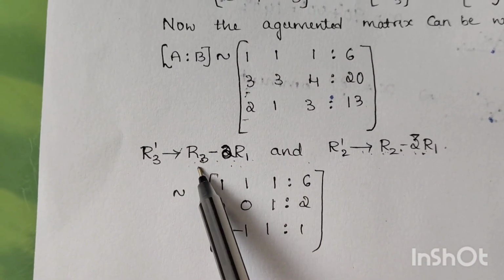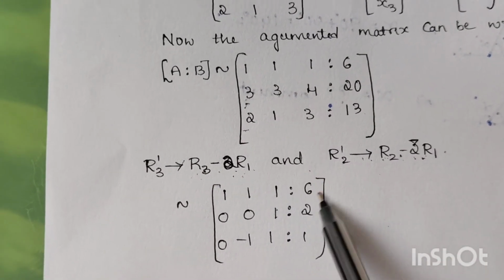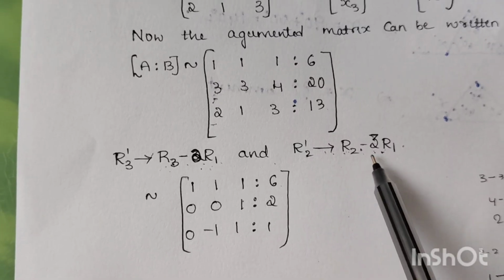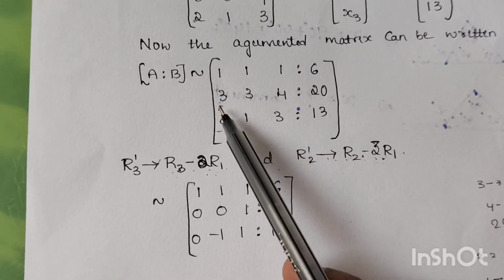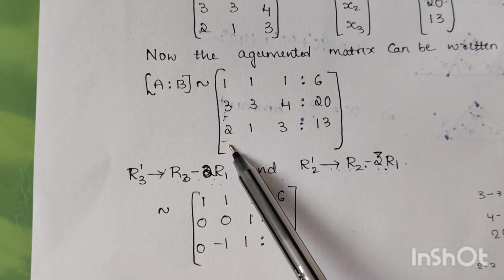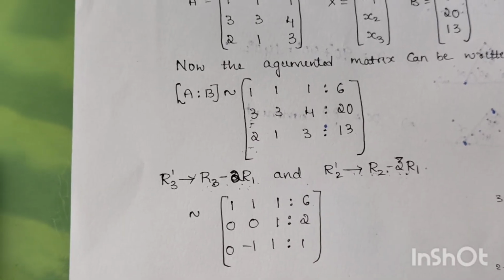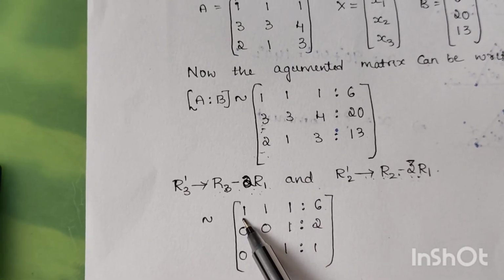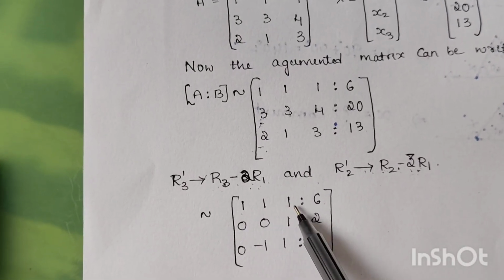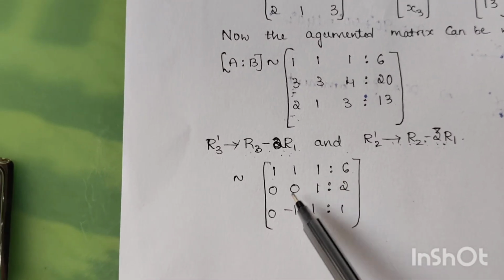So R3' tends to R3 minus 2 times R1 and R2' tends to R2 minus 3 times R1. Here I am making the R2 and R3 rows zeros. So the first row stays the same: 1 1 1 | 6.